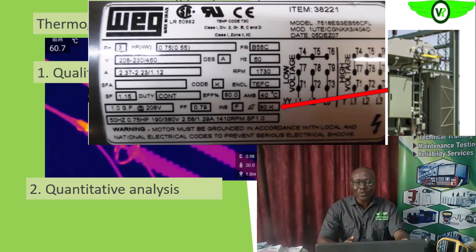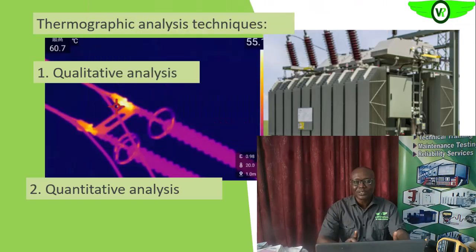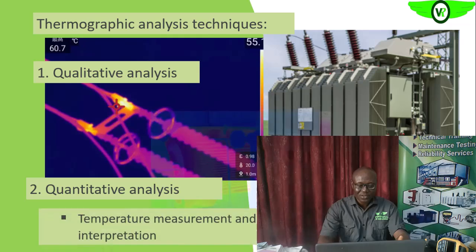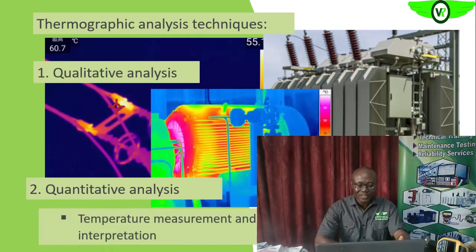So you take your ambient temperature, take the temperature of the hottest spot on the motor, and get your delta T. If it is not more than what is recommended on the nameplate, fine, the motor can continue running. But if it is more than that, it means something terrible is happening.